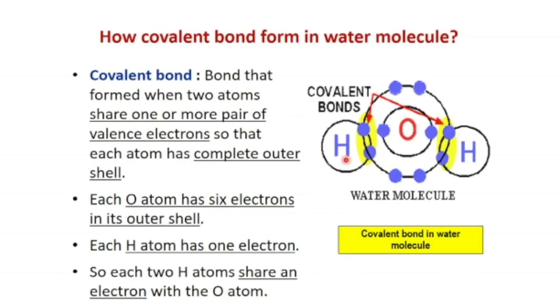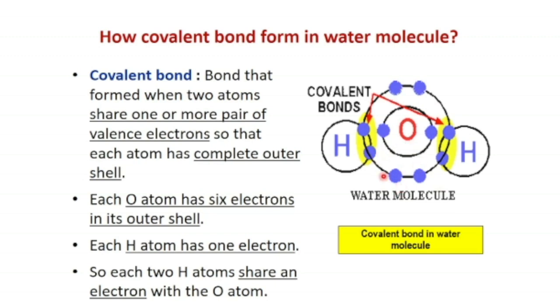The next is how covalent bonds form in a water molecule. First, the definition of covalent bond. A covalent bond is the bond that forms when 2 atoms share 1 or more pairs of valence electrons so that each atom has a complete outer shell. Valence electrons are the electrons of an atom located in the outer shell of the atom.